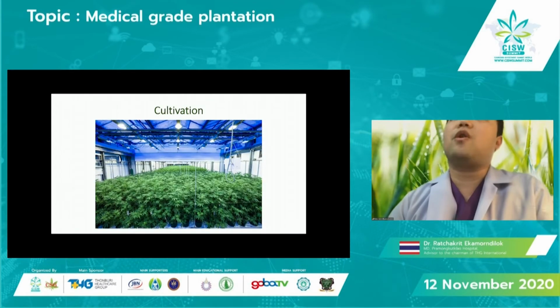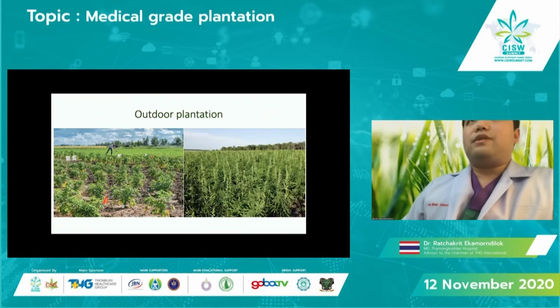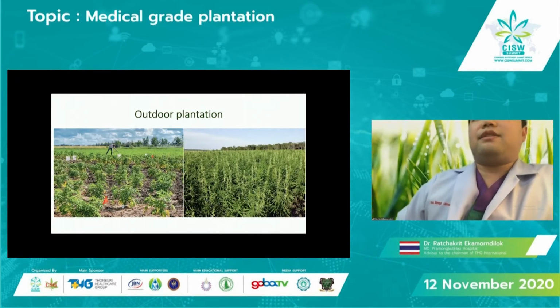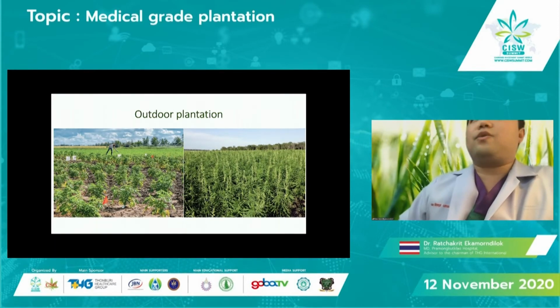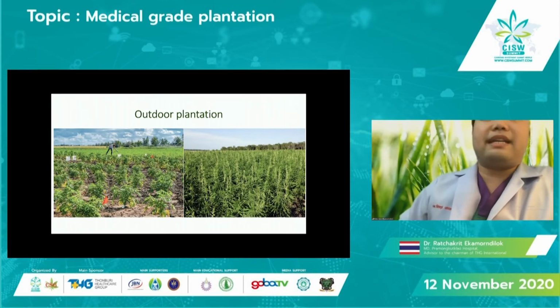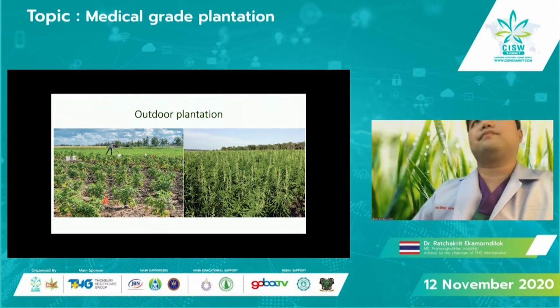So I'm talking about cultivation. The outdoor plantation is the cheapest, but it depends on lighting and weather that you can't control, and it's very difficult to control pests. But it costs less than the others.